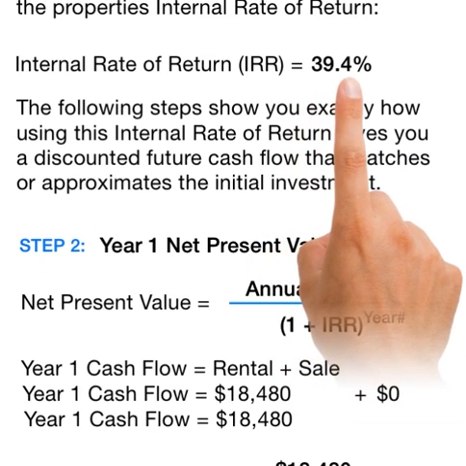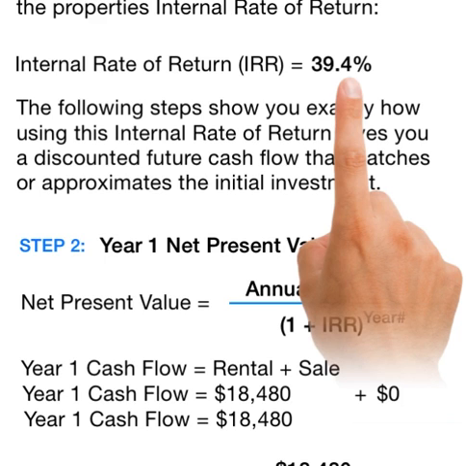Why is it the one? Because when we plug 39.4 into the formula, we arrive at the $50,000 that we already put in as an investment. Or it approximates; it doesn't match 100% all the time.